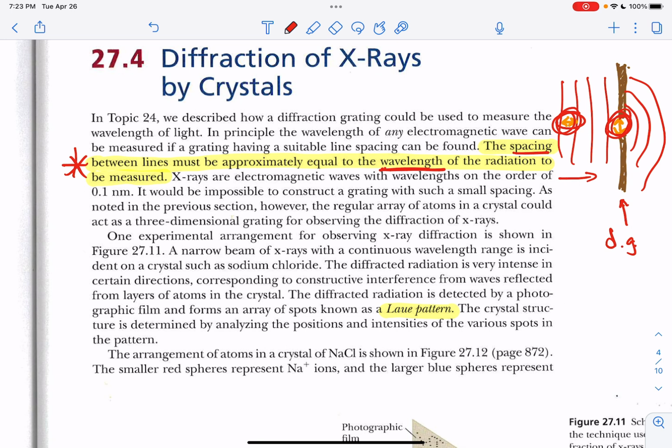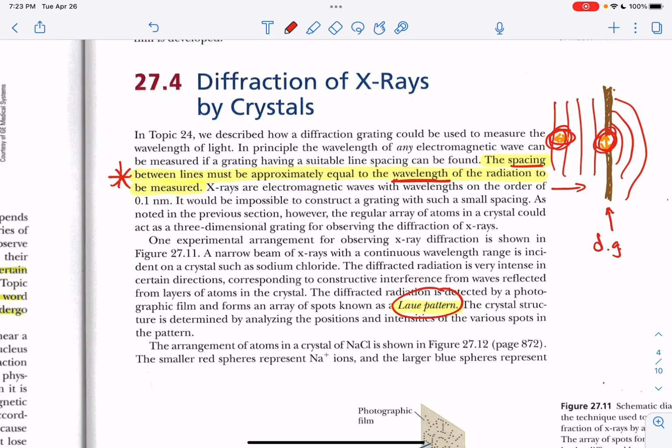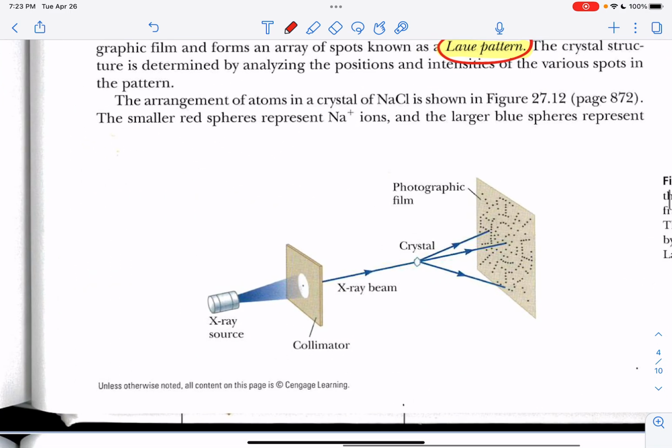When this happens, you get a two-dimensional pattern of cancellation and reinforcement called a Laue pattern. It almost sounds like there's an R at the end of that word, Laue pattern. And that Laue pattern looks something like this.